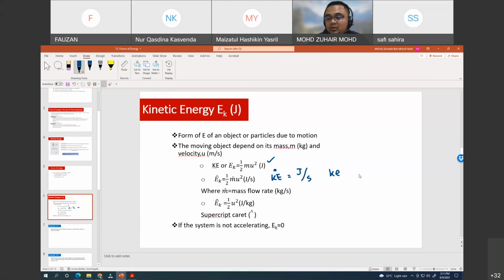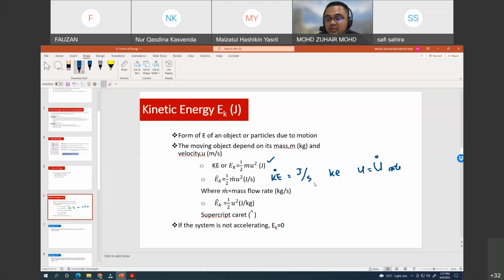Similar to if you are talking about velocity or mass, or for the internal energy and so on. If it's a small u or big U with a dot, then this is what we call the rate. So you need to know that it will have time as a function of the joule.